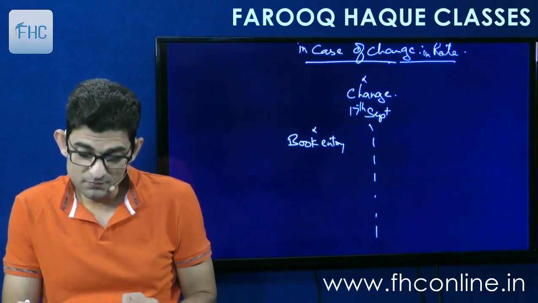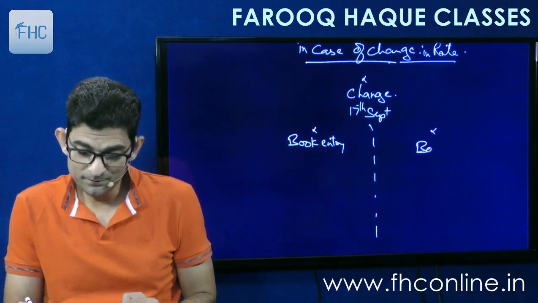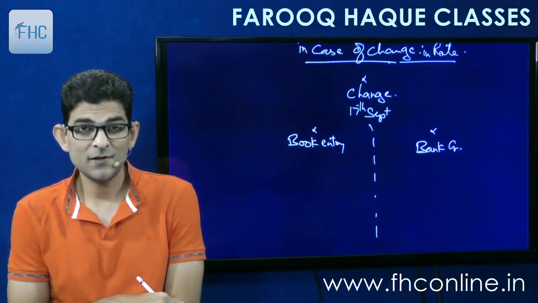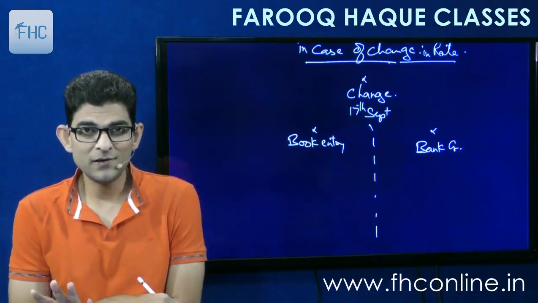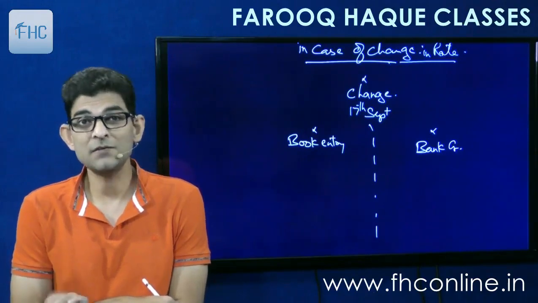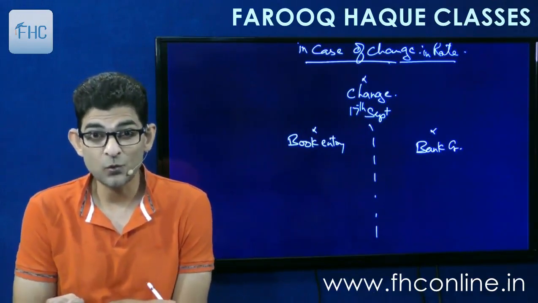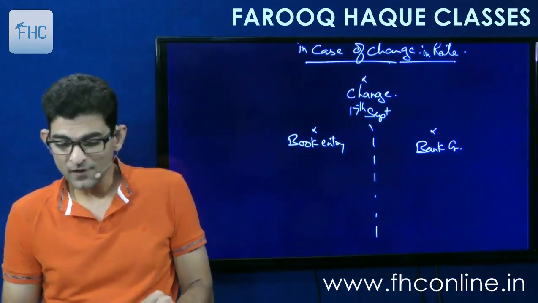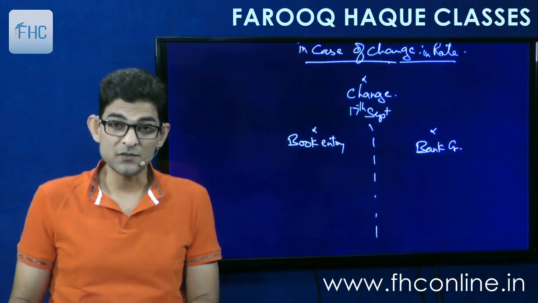The clearance means the bank credit is after the change. Now first let me explain the literal meaning, what is given there, and then I'll explain you why it is given there. What is the logic behind this? What is the intention of the government behind this? Okay. So bank credit is after the change.